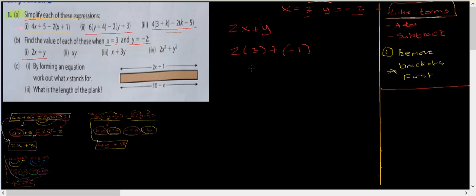So all we do now is remove the bracket. It's 2 multiplied by 3, so 2 by 3 is 6. And then we have plus minus 1, so that'll just be 6 minus 1, which is equal to 5.